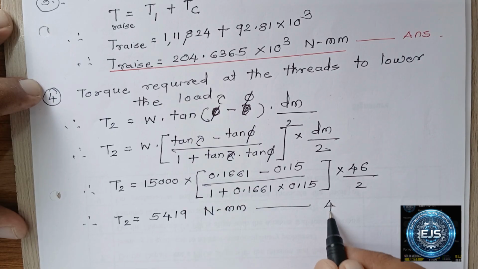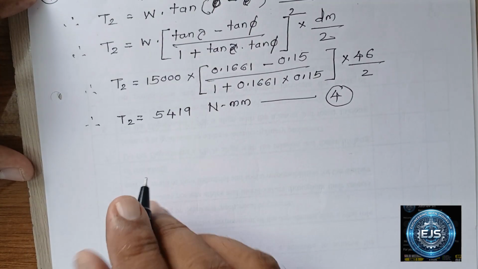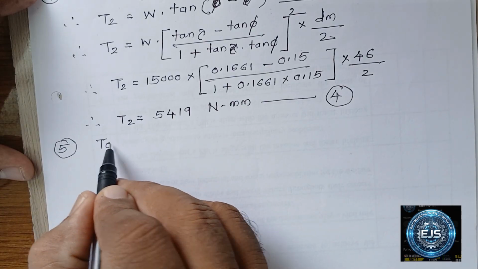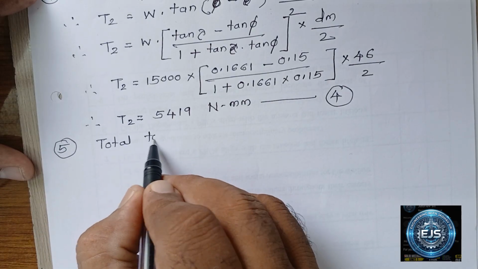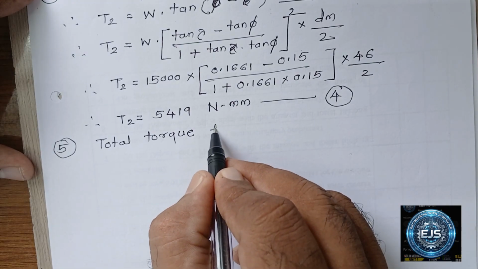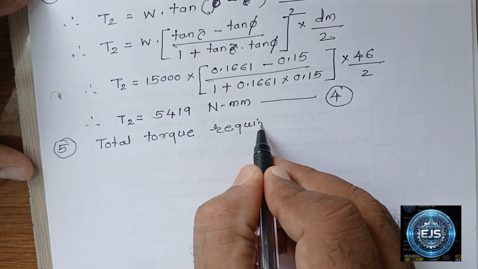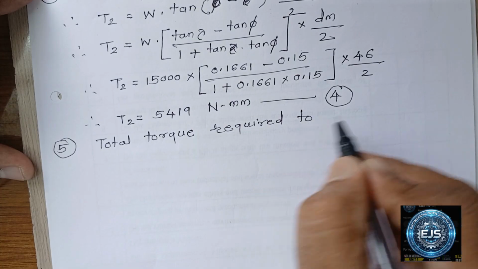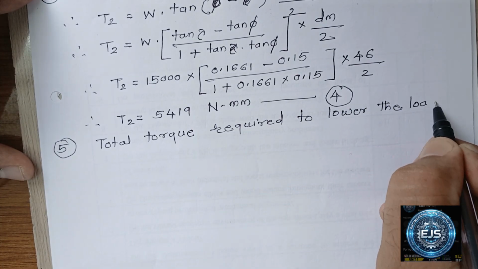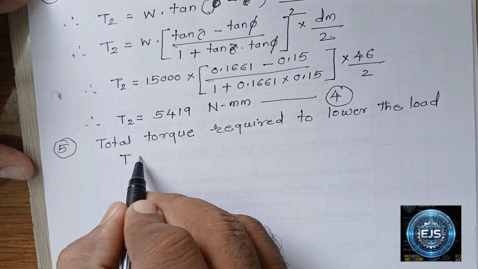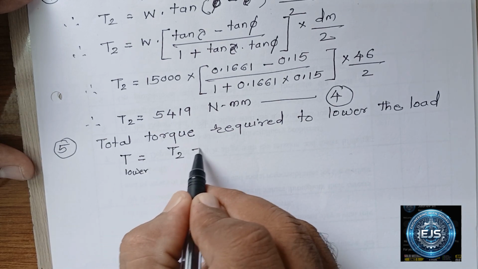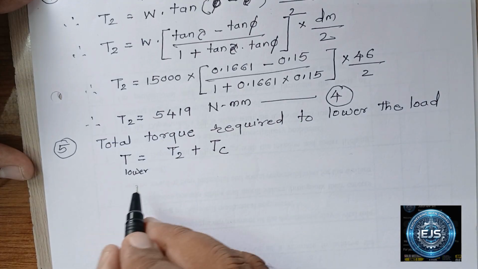This is equation 4. Now the total torque required to lower the load is equal to T lower, which is T2 plus the torque required to overcome the collar friction.